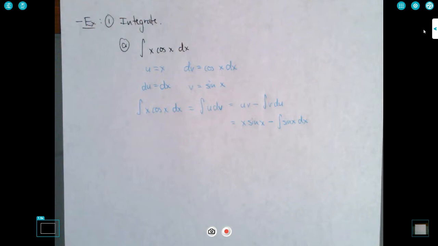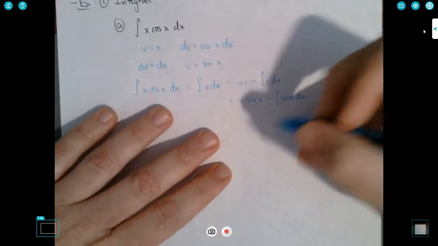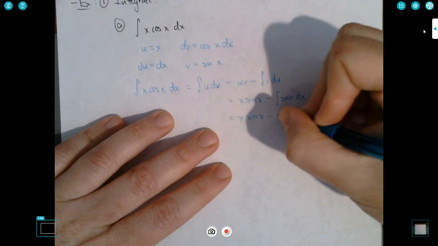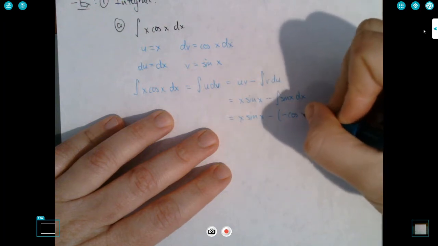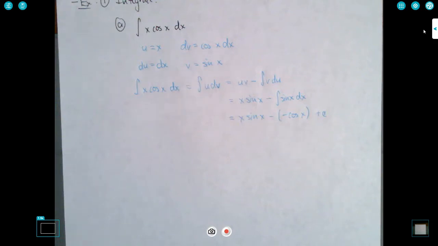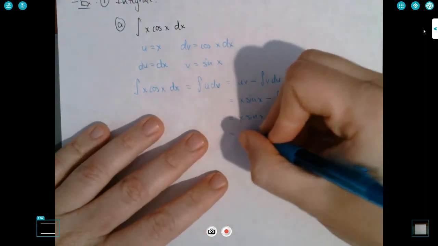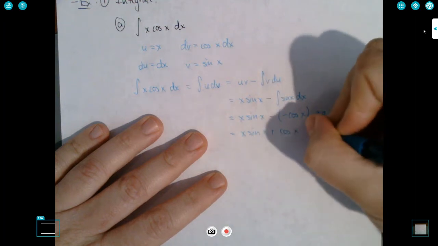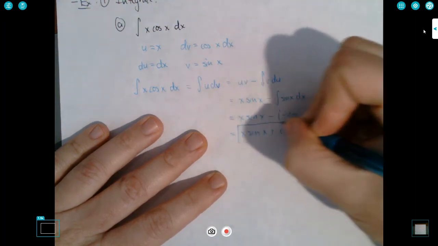So the antiderivative of sine x would be negative cosine x, right? So we'd get x sine x minus negative cosine x plus c, or in other words, x sine x plus cosine x plus c.